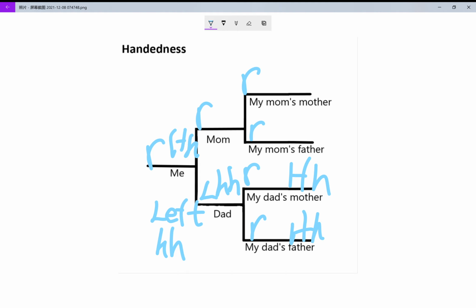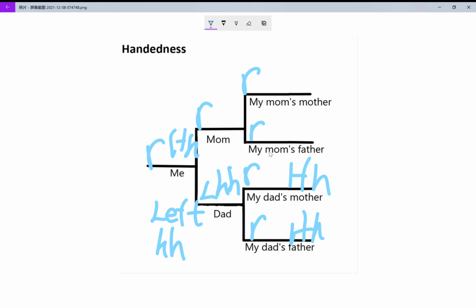I can also roll my tongue. However, my mom cannot roll her tongue. My mom's mom also cannot roll her tongue. But my mom's dad can roll his tongue. So I believe that in my family, rolling tongue is dominant.